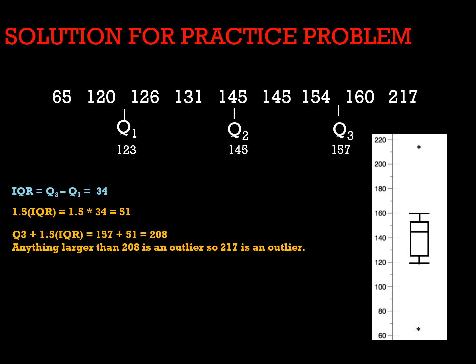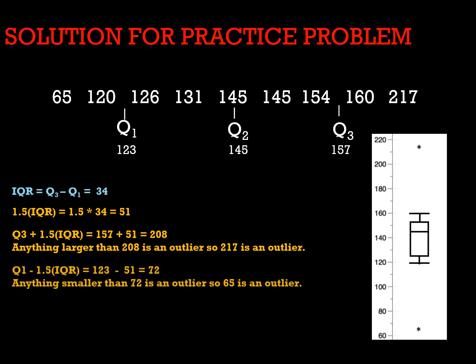We see that there is a value bigger than 208: it's the 217, so that is an outlier. Then Q1 minus 1.5 IQR gives us 72, so anything smaller than 72 will also be considered an outlier. 65 is a data value less than 72, so we would consider the 65 an outlier.